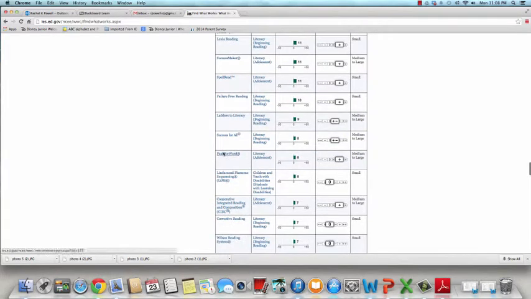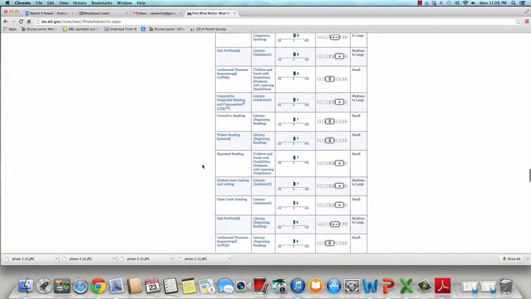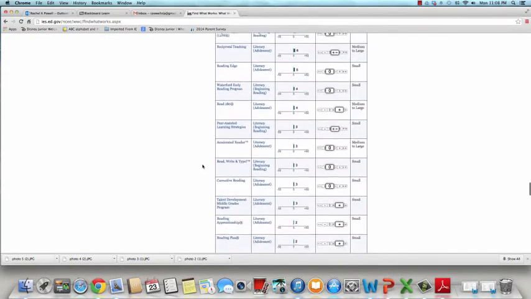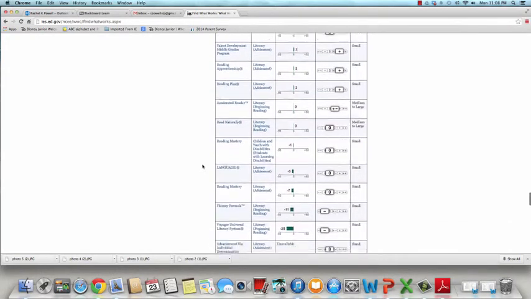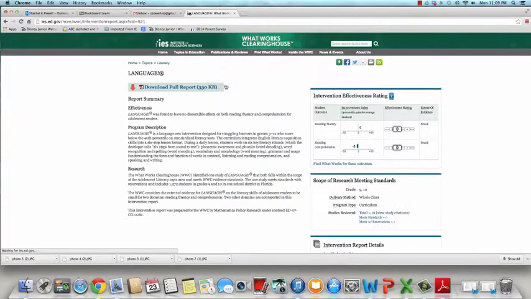Then you can click on it and it'll tell you about the program. Here's Linda Mood. And of course, Linda Mood's really not designed for reading comprehension as much as it is just general reading automaticity. And reading mastery is definitely not designed for reading comprehension. Language, that's another program that I'm familiar with that teaches good phonics and phonological awareness, see phonemic awareness, phonics, word recognition.